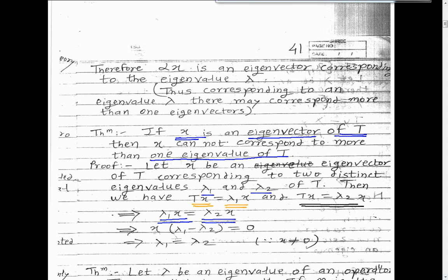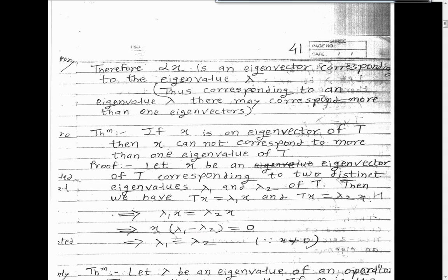This implies that x times lambda 1 minus lambda 2 equals 0, and this further implies that lambda 1 is equal to lambda 2. So x cannot correspond to two distinct eigenvalues of T.